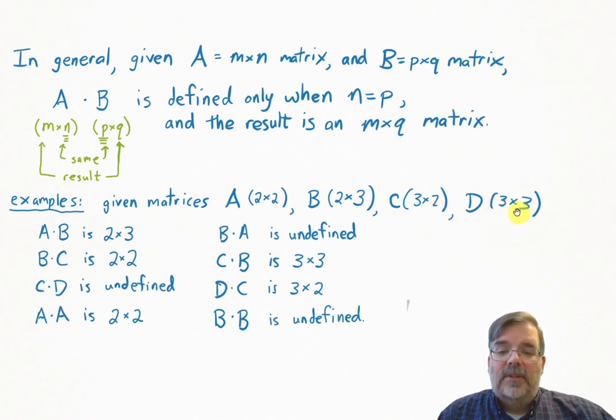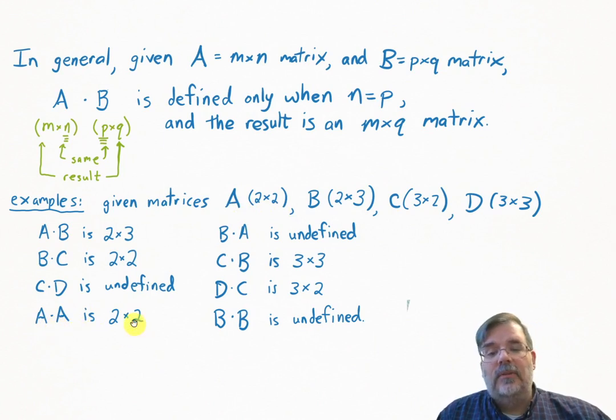Those are incompatible sizes. But D times C is all right. The result then would be a 3 by 2 matrix. And finally, sometimes you can multiply a matrix by itself and sometimes you can't. For example, if A is a 2 by 2 matrix, A times A will also be 2 by 2. If B is a 2 by 3 matrix, then B times B is undefined.